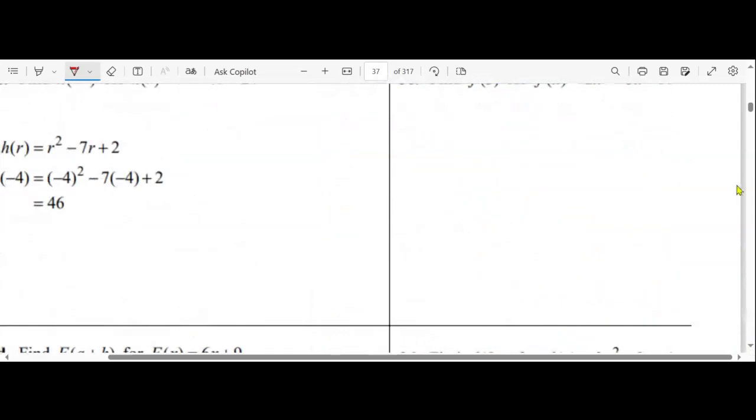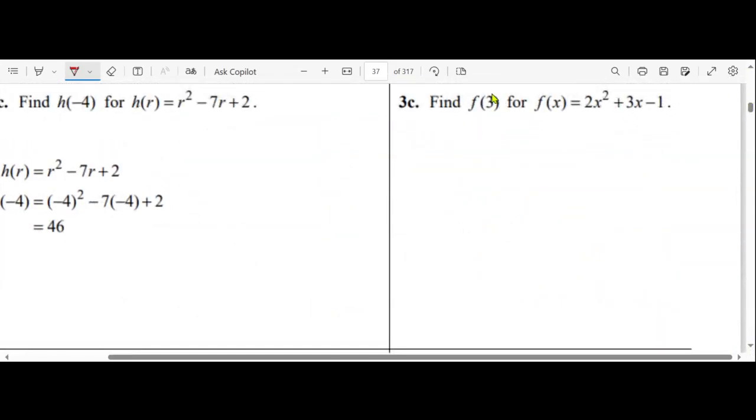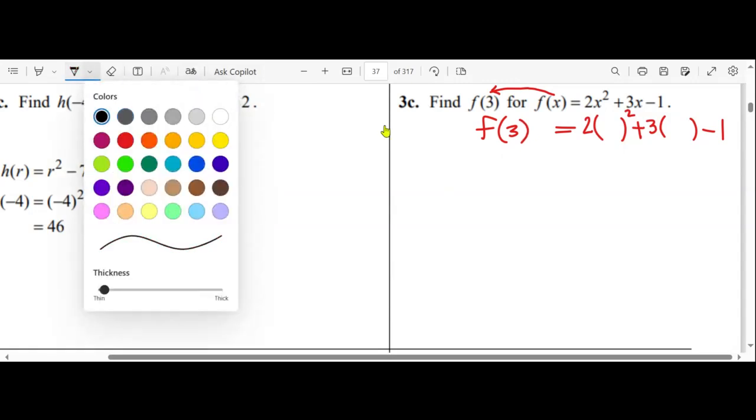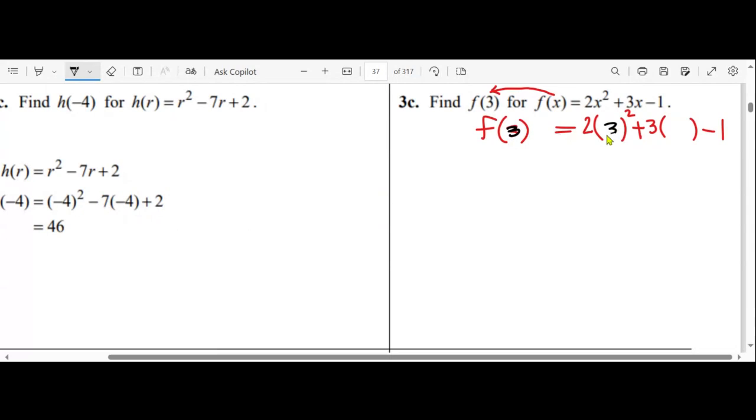All right, now let's go to the next one. I will replace x by 3. So you take x and replace it by 3. I like to do this first, so it makes it easy for me. 3 squared is 9, times 2 is 18, plus 3 times 3 is 9, minus 1.